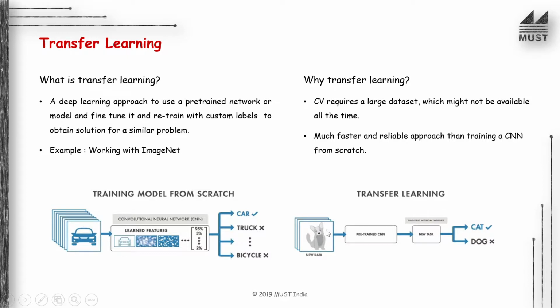So in transfer learning, you use your pre-trained network with the new set of data. You try to add your required task, or basically fine tune your network, and then you use an activation function which will be specific to the type of solution you want.